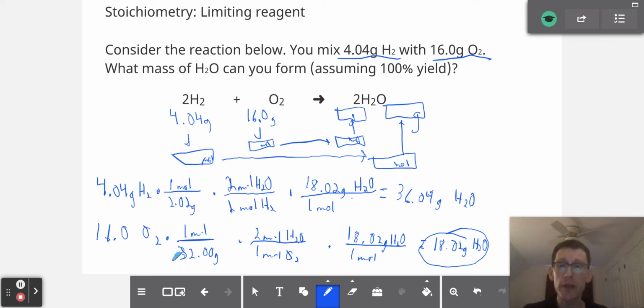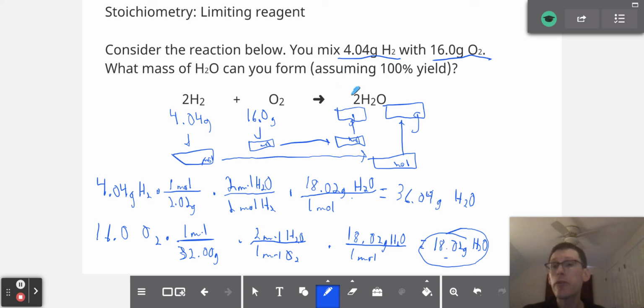What we've proven is that O2 is limiting, and we only have enough O2 to produce 18.02 grams of water. We have an excess of hydrogen because we had enough hydrogen to make 36 grams of water, and yet we only got 18. Oxygen is limiting, hydrogen is in excess, and this is the actual amount of water that is formed.